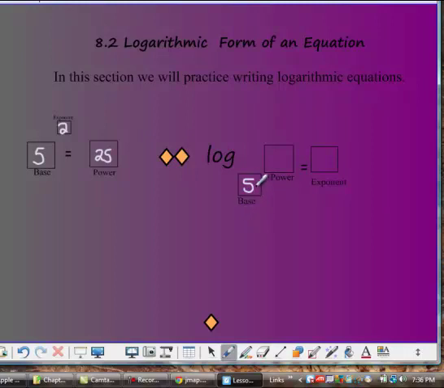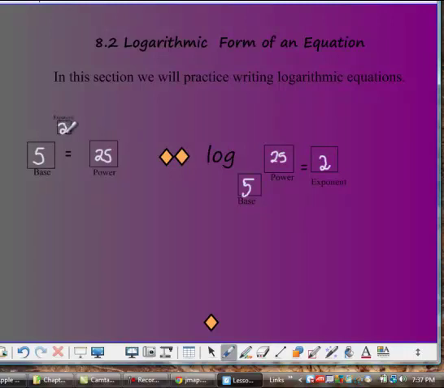Notice it is below the word log. It's in the sub position. Sub means below, super means above. So 5 goes down here.